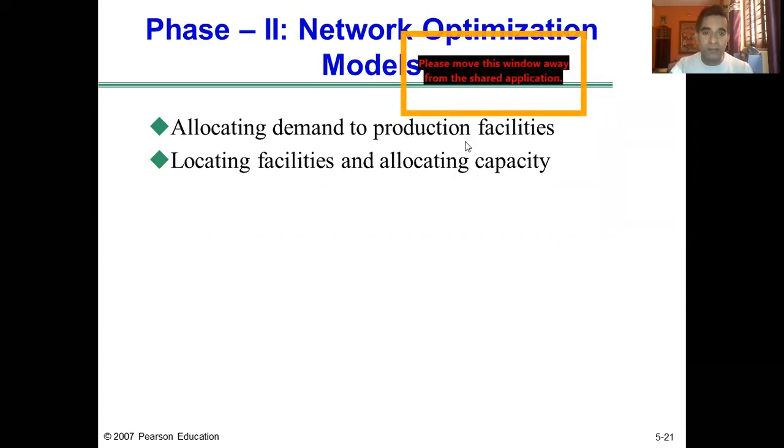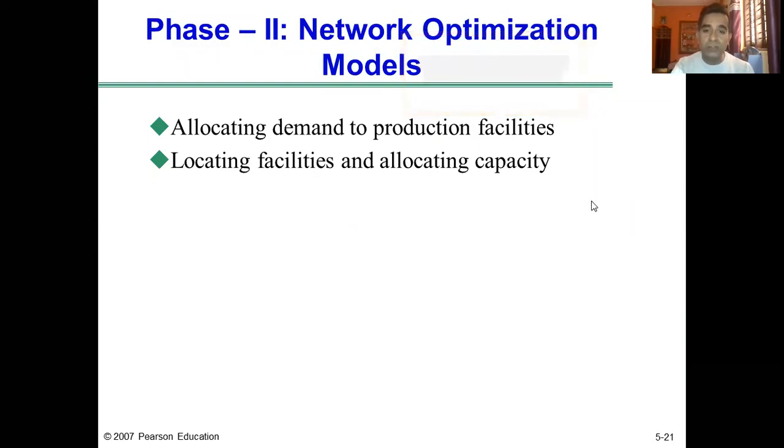So how is that done? Then locating facilities, identifying the appropriate locations for the facilities, and allocating production capacity to each facility. In making these three decisions, which can keep the supply chain cost lower, these network optimization models are used.